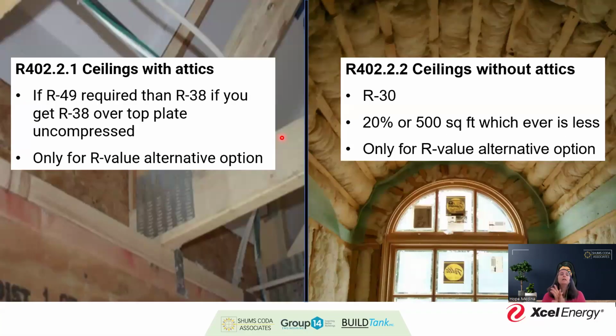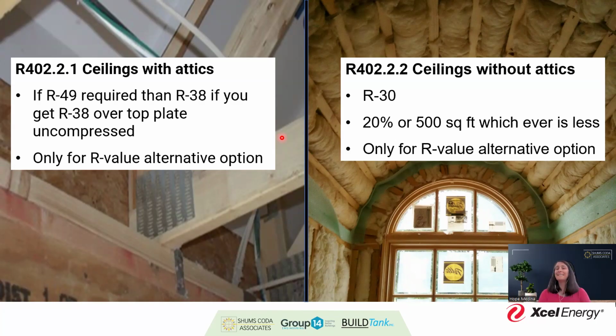All right. One of the things it tells you in R402.1 is, hey, you have to comply with section R402.2. One of the things I really want you to be aware of, especially in this particular compliance path, is that it is the one time the R value has built-in flexibility, when you go into R402.2.